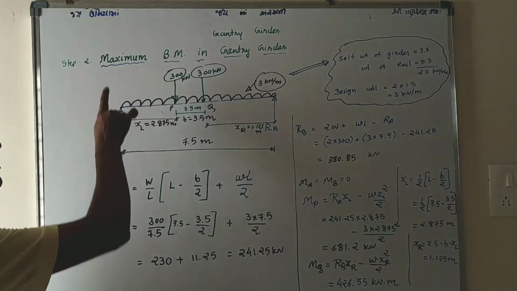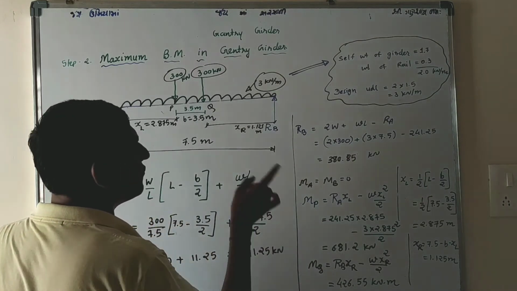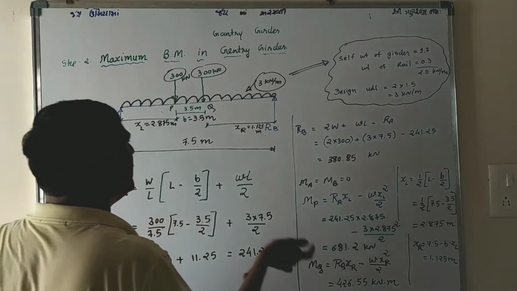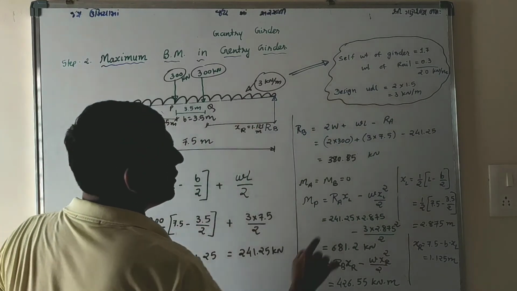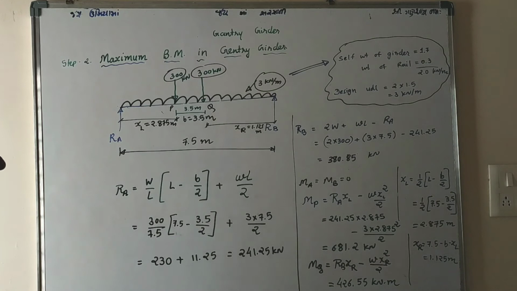Now the main concept, that maximum moment. How to find the maximum moment? First of all, MA and MB, that is the simply supported moment at A, moment at B, is equal to 0.